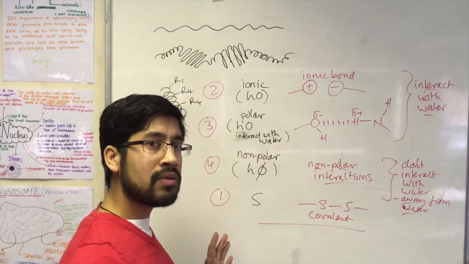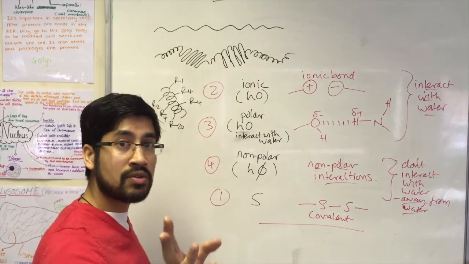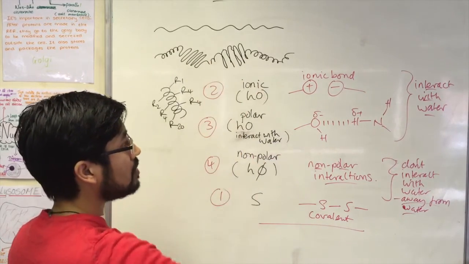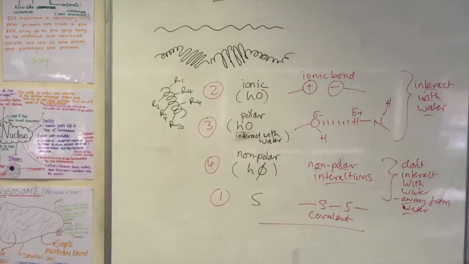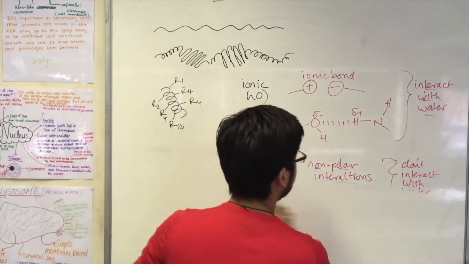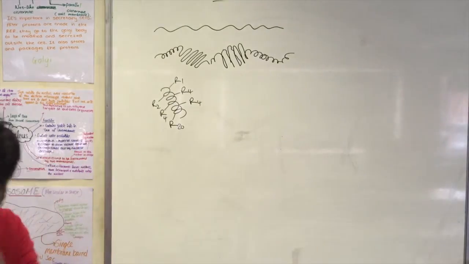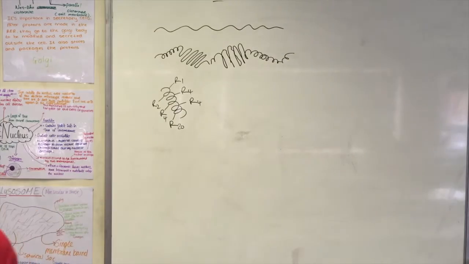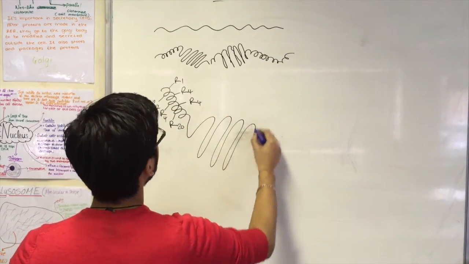Now let's look at what kind of effect they would have on our protein chain that's still in its secondary structure. Okay, but bearing in mind that depending on which R groups are sticking out in which places, these different types of interactions could be formed. So, if I have my polypeptide chain, I've got a helix, and then I've got a bit of a sheet right here.